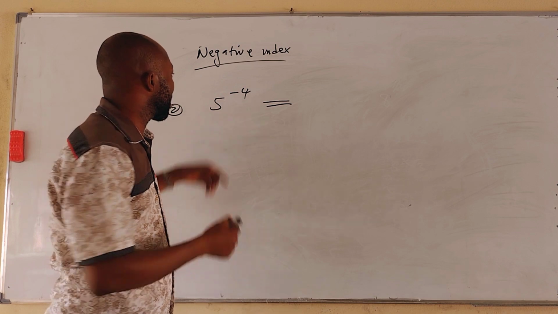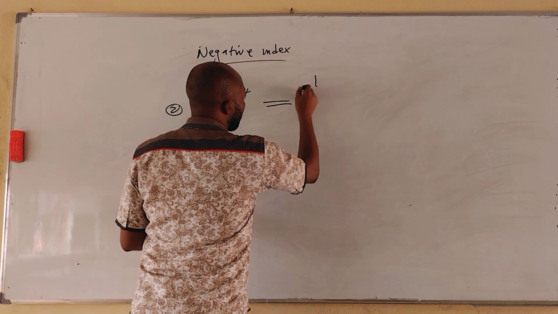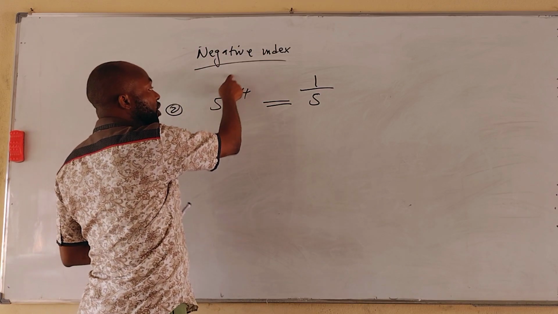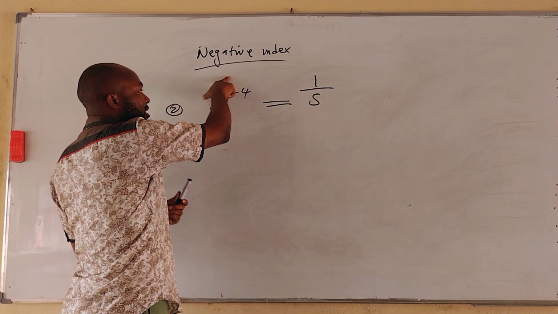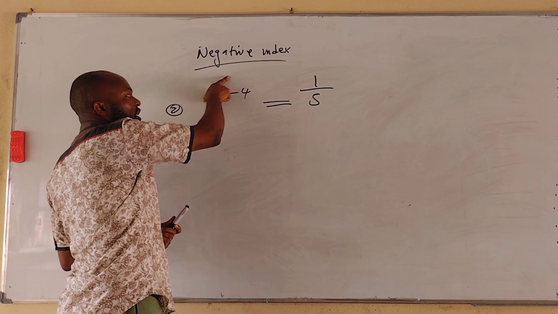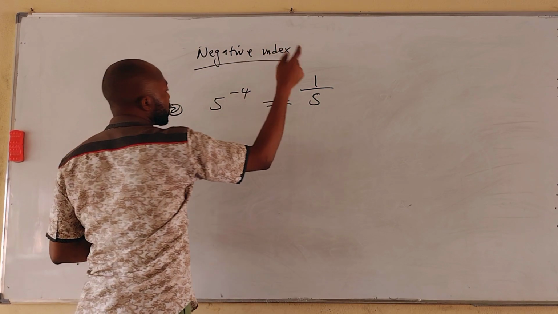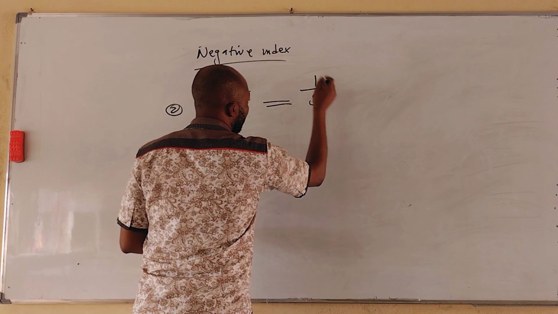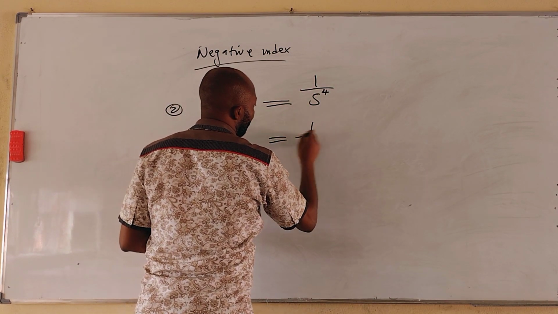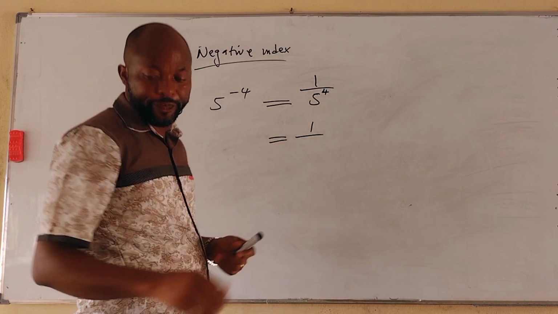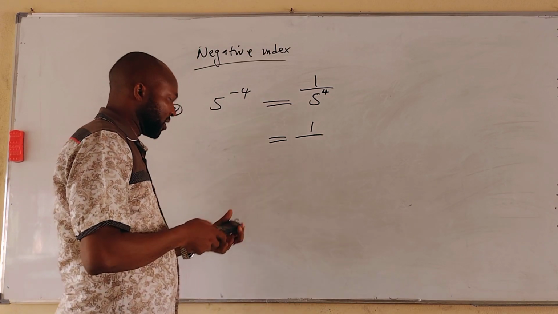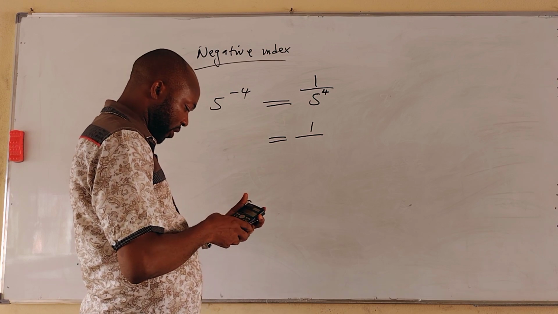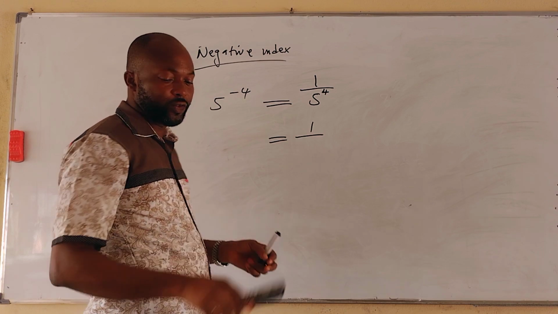What is the reciprocal of 5? It is 1 over 5. Now, this 5 was raised to a negative index, which is minus 4. The reciprocal of 5 is now raised to the same positive index. The positive index of minus 4 becomes 4. So this is equal to 1 over 5 raised to the power 4, which is 1 over 625.